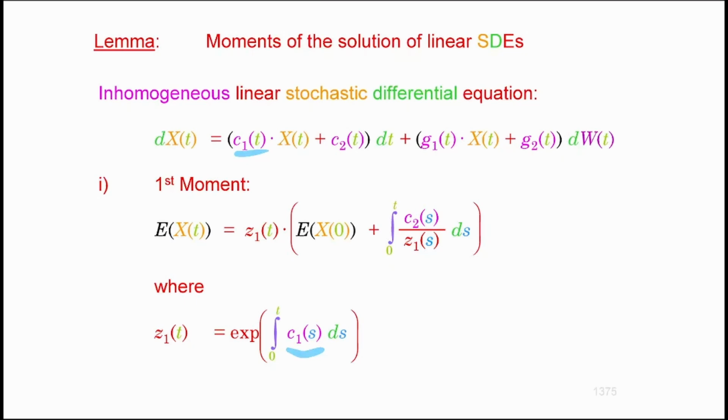After that you will need to address also the second moment. Now the second moment is painful, and then you would need to calculate maybe the variance even. For the second moment, you have another auxiliary function z2.